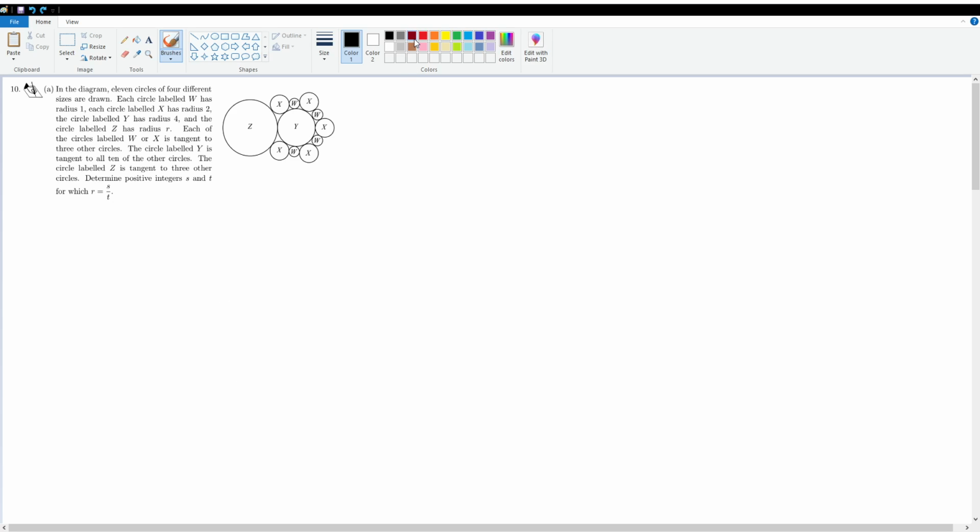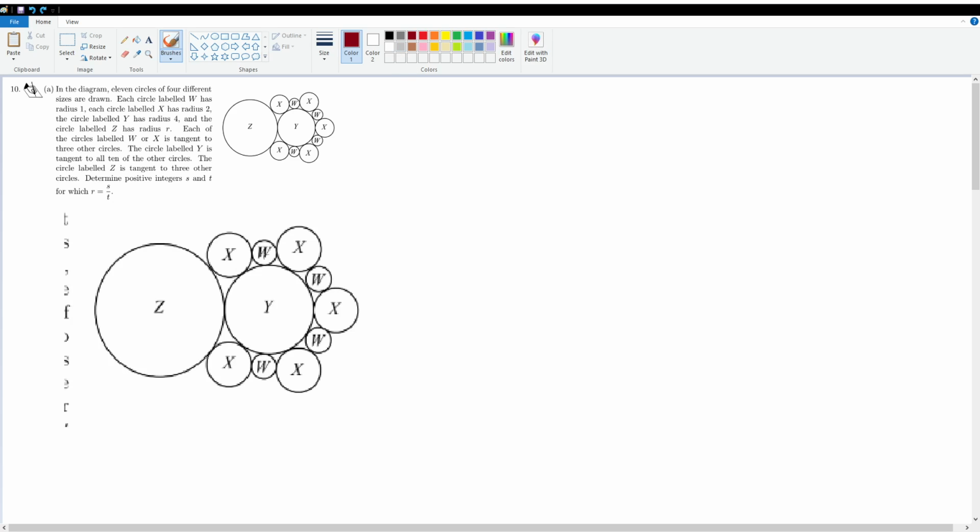Each circle labeled X has a radius of 2, so this is 2 right here, and the same for all of these circles. Each circle labeled Y has a radius of 4, so this is 4 here. And each of the circles labeled Z has a radius of R. We don't know what R is.